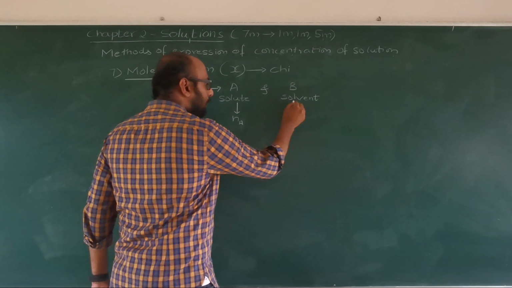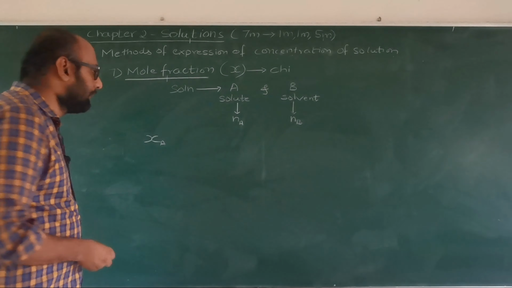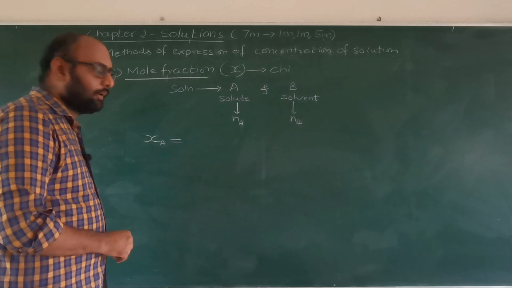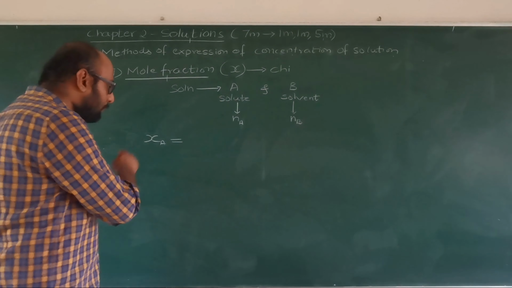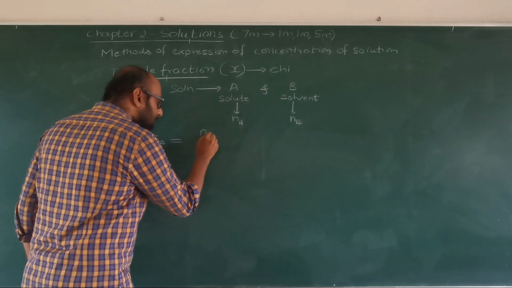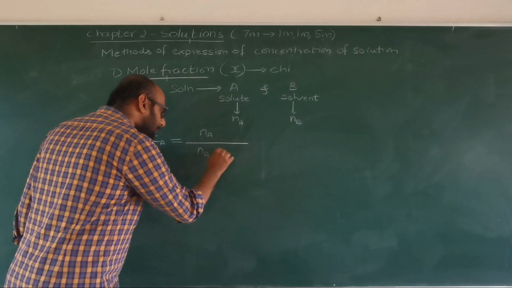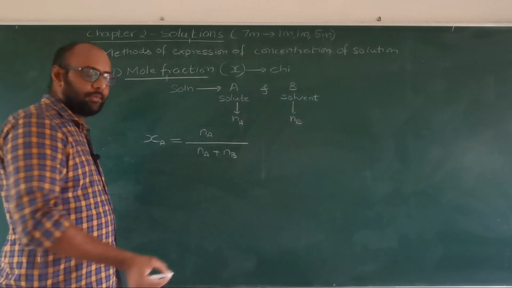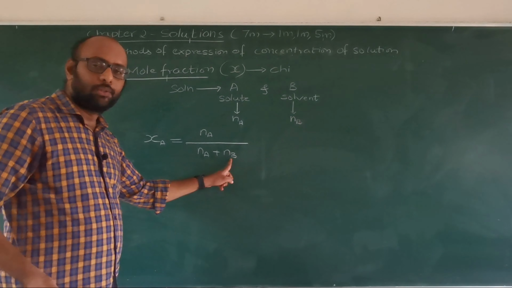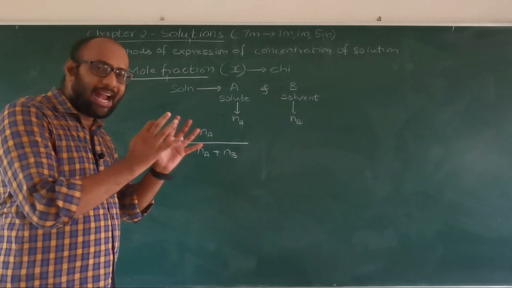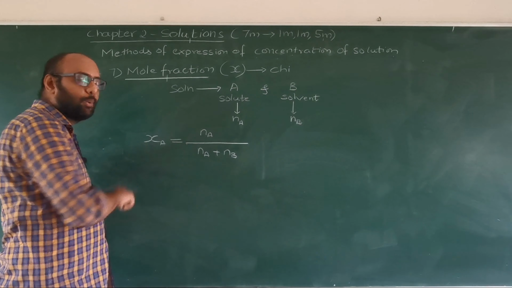You have to calculate the mole fraction of A, that is the solute, then the mole fraction of B, the solvent. First, the mole fraction of A is equal to number of moles of solute divided by total number of moles of all components, that is Na plus Nb. This is the total number of moles of both solute and solvent. You have to add them. So this is the mole fraction for the solute.